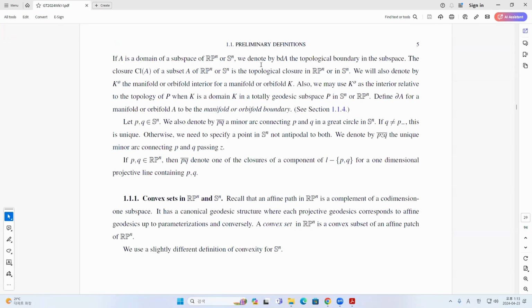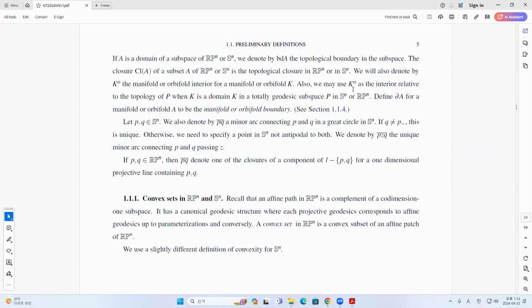If A is a domain or a subspace of RP^n or S^n, then we denote by Bd A the topological boundary, Cl A the topological closure in S^n, and for a manifold or orbifold K, K^o will be the manifold or orbifold interior.